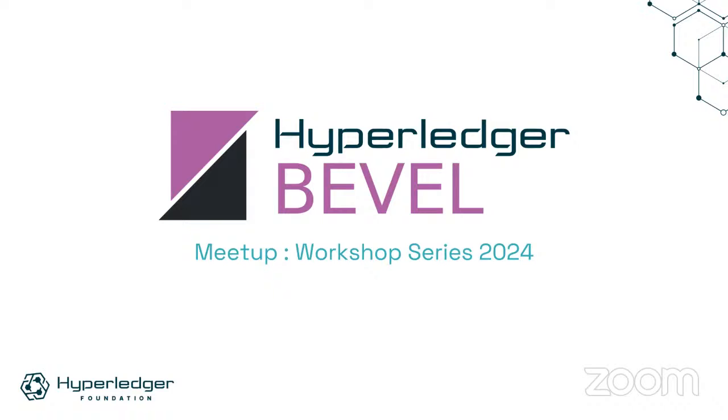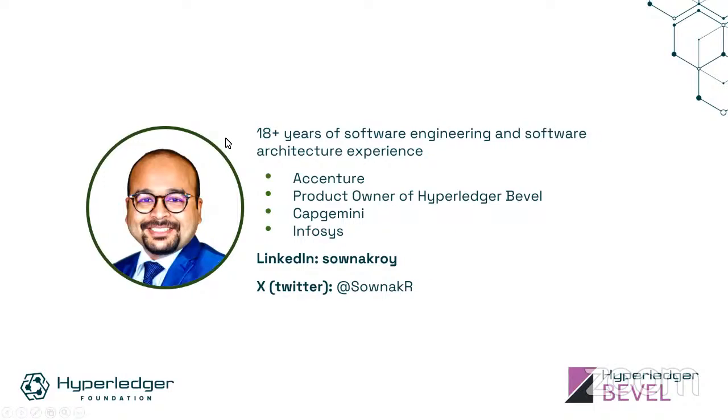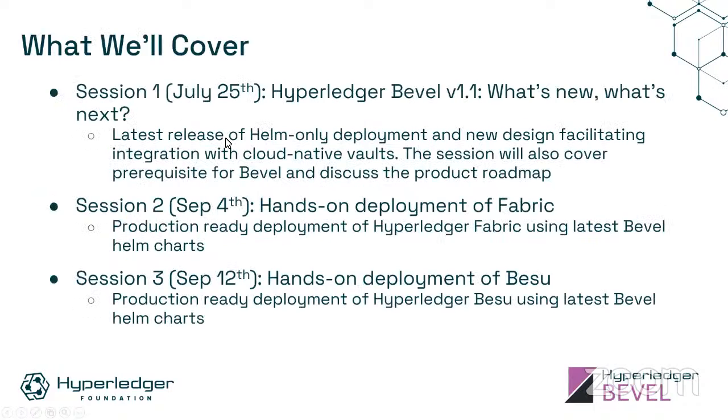This is the third session that we'll be doing, and in the previous sessions, particularly the first one, we did a deep dive on our latest release on Helm only deployment. We also spoke about our new Helm charts and also the code structure that allows us to now have cloud native vaults.